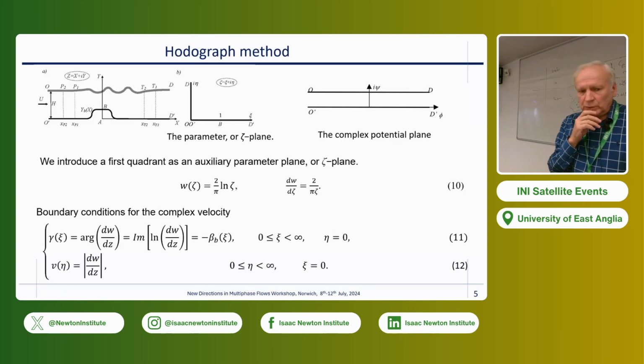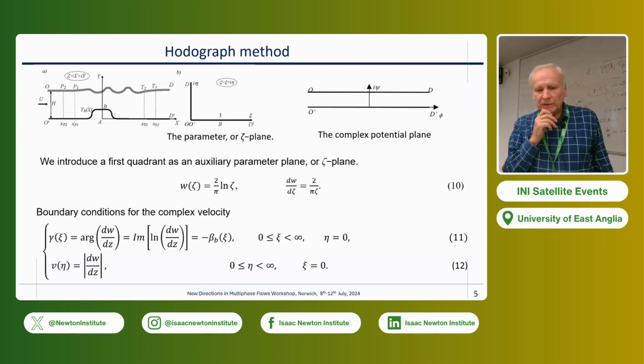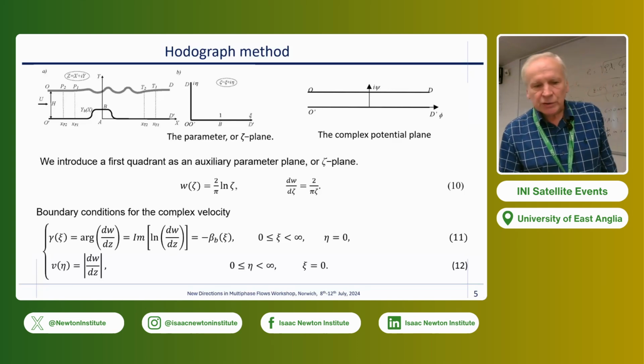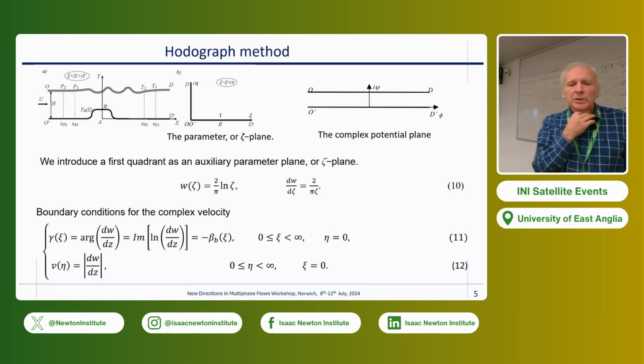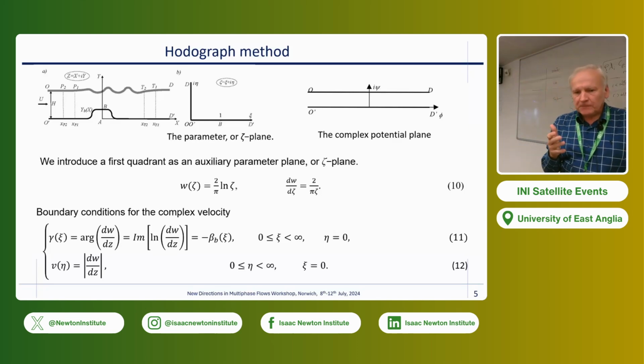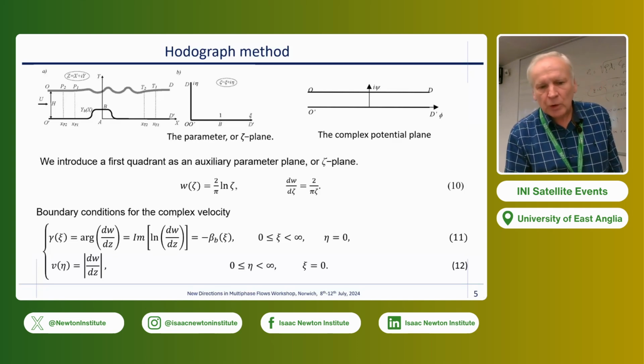Next, we need to determine function complex velocity. It's a much more complicated problem because there is variation of the argument of the complex velocity and magnitude on the interface. So we need to solve this boundary value problem for the complex velocity.